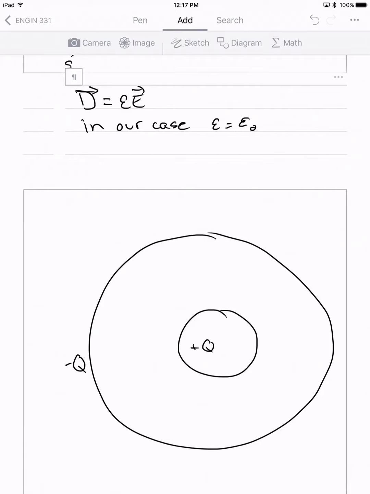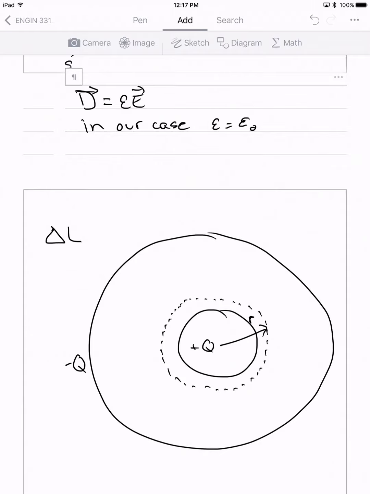It's going to be a cylinder of radius r that's centered with the center conductor of this coaxial cable. I say cylinder because we're going to give it a height delta L.